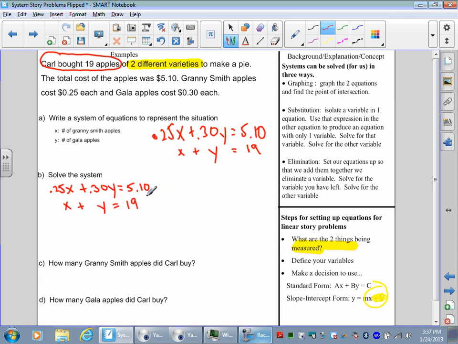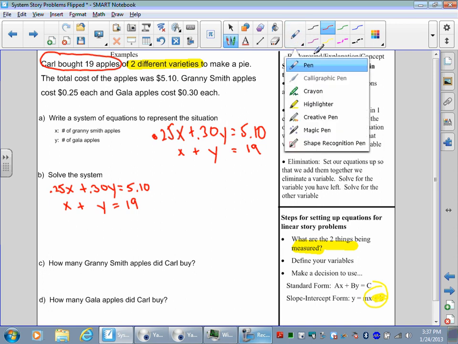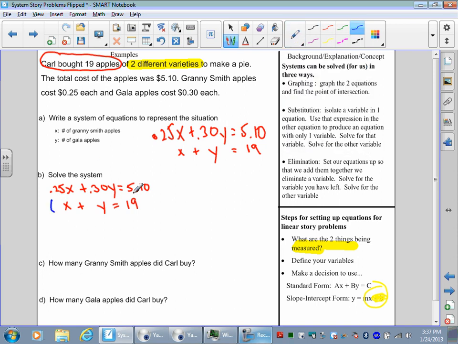How do I want to solve this? Well, since the last time I used substitution, I'm going to try elimination here. What I could do is multiply this entire equation by negative 0.25.